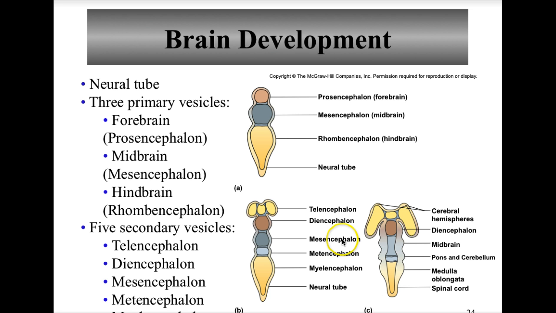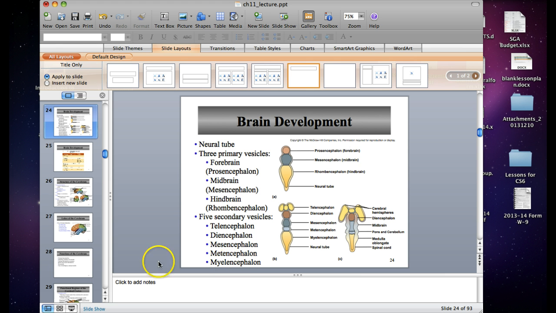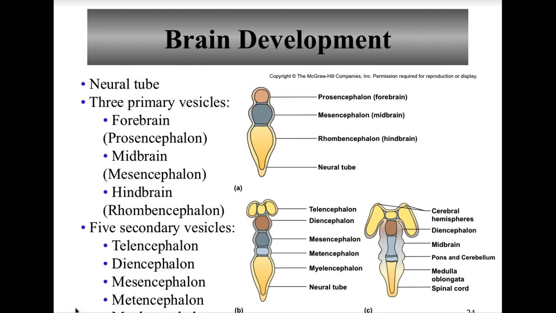As far as brain development, the brain is composed of those 4 major portions, and its development comes from the neural tube.